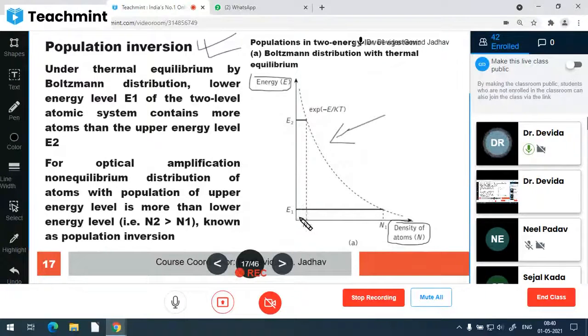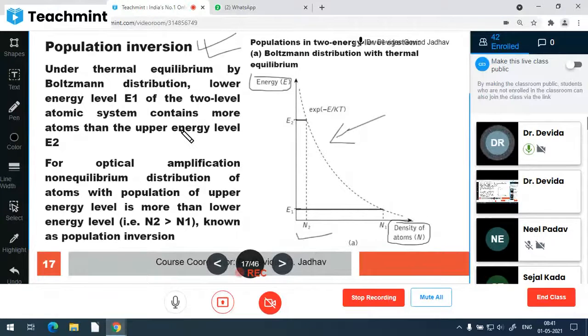So suppose E1 is the lower energy state and E2 is the higher, conduction and valence states, then the numbers or densities of atoms are N2 and N1 as shown. This is in thermal equilibrium. This shows that very few atoms are in the higher energy state.